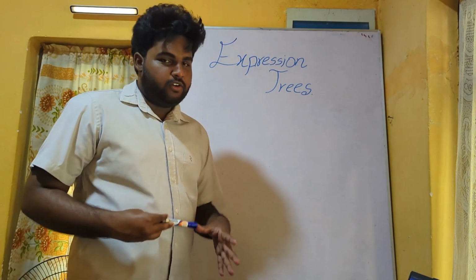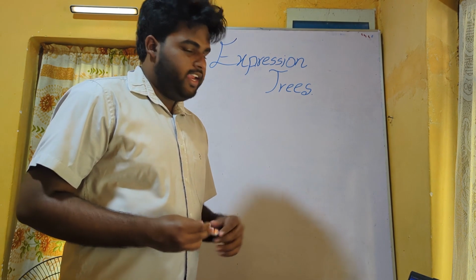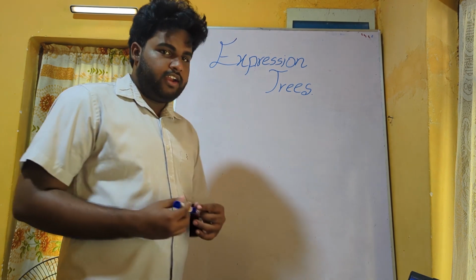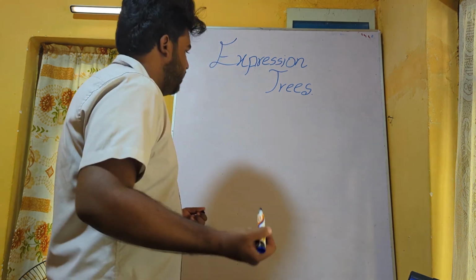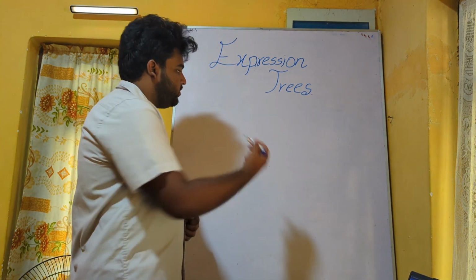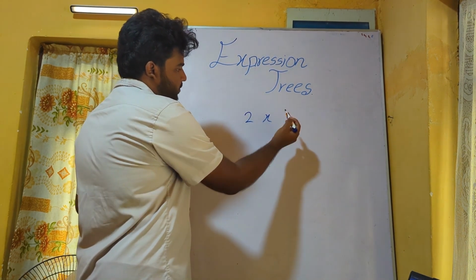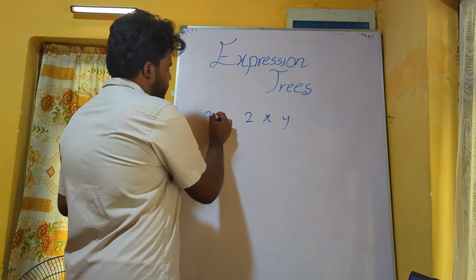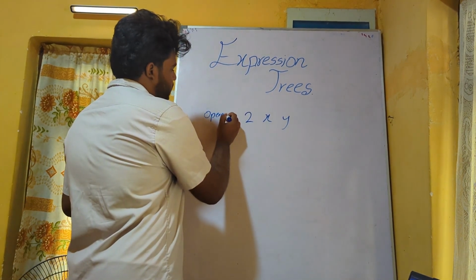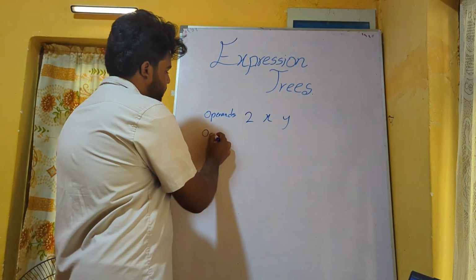Okay, so let's now go into the deeper theories of these expression trees. In an arithmetic expression, there are two things, operands and operators. Operands can be final values, or basically numbers, or symbols like x, y. These are called operands. And then there are operators.